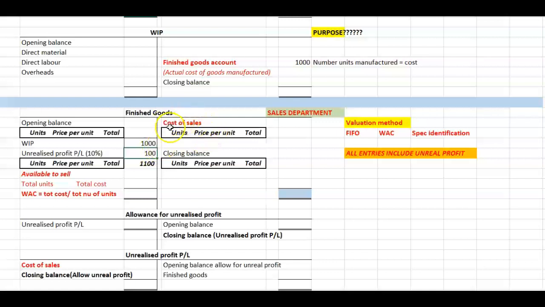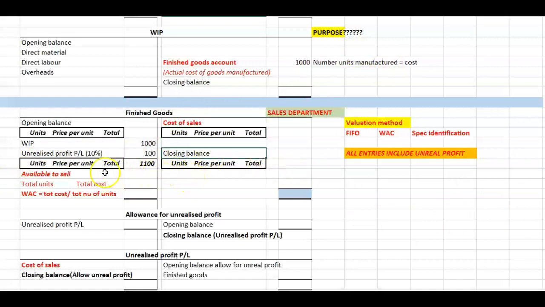Cost of sales, first in, first out. I would have sold my opening inventory first, and then I would have sold out of this batch of units manufactured for the year. But not only at the original cost of 1,000 rand, the cost component that I'm going to use is 1,100 divided by the number of units manufactured to get to a cost per unit. And that is going to make up part of my cost of sales.